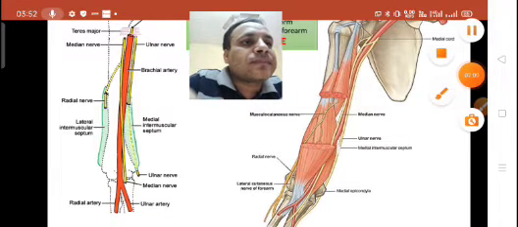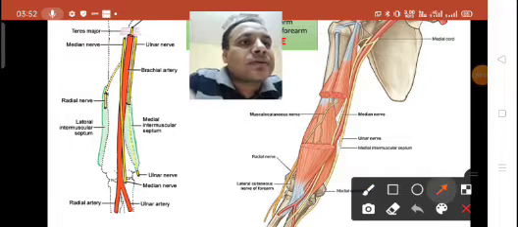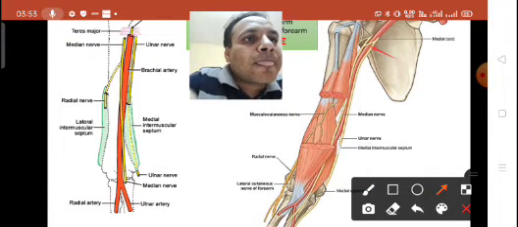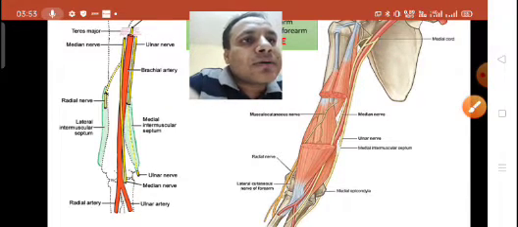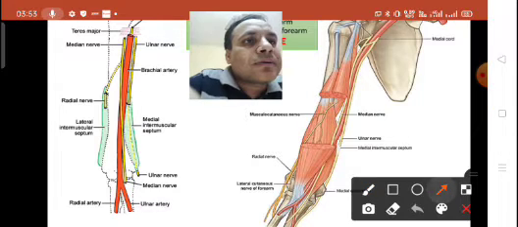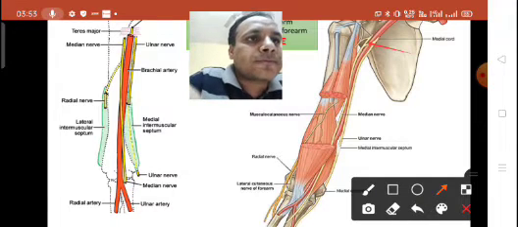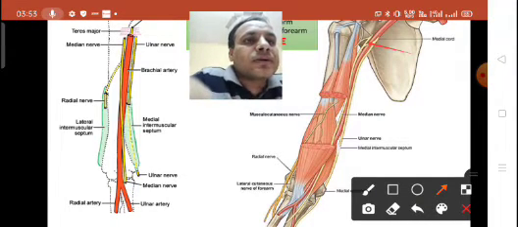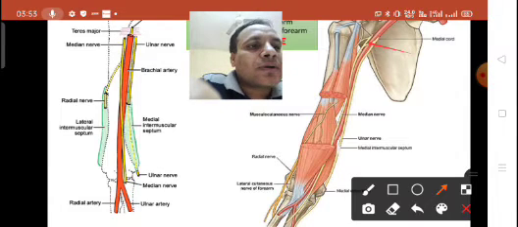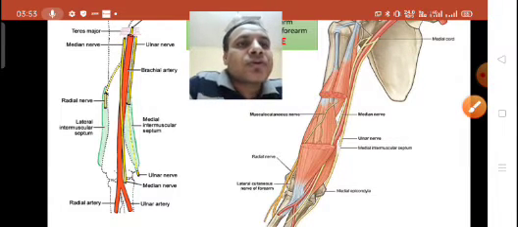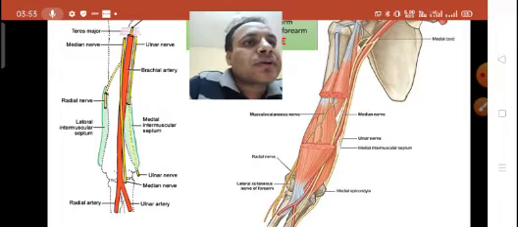This one is the medial root and this one is the lateral root. In the axilla, the median nerve is formed by the union of the medial root and lateral root.